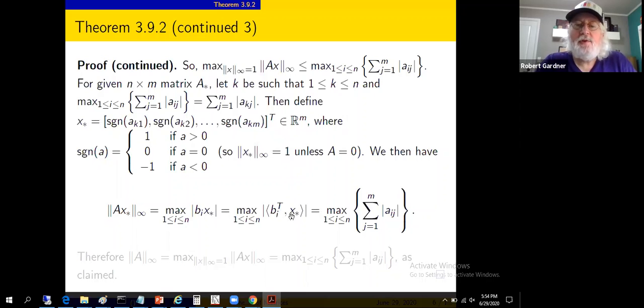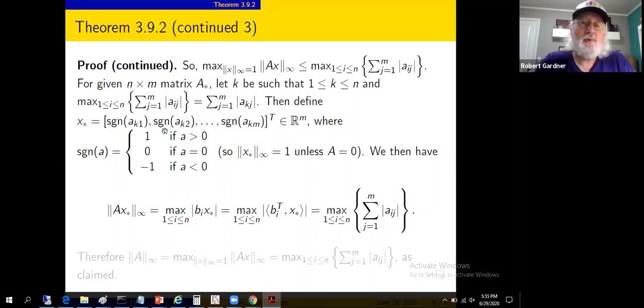So what's happening when you do the inner products here is you're simply taking the entries of this ith row, and when they're positive, you're multiplying them by 1 and not changing them. When they're 0, you're multiplying them by 0 and you're not changing them. When they're negative, you're multiplying them by -1 and you're making them positive.